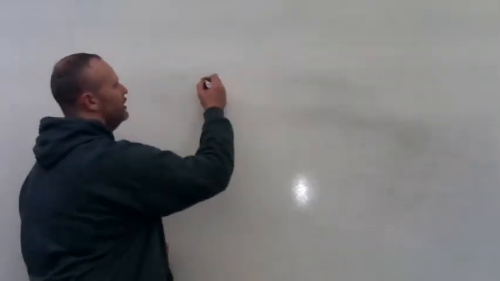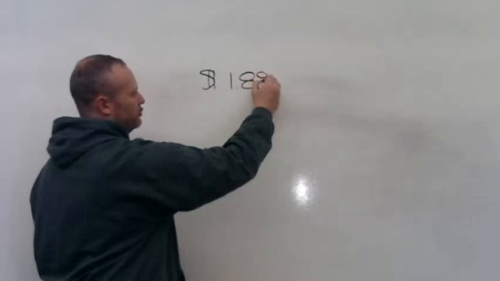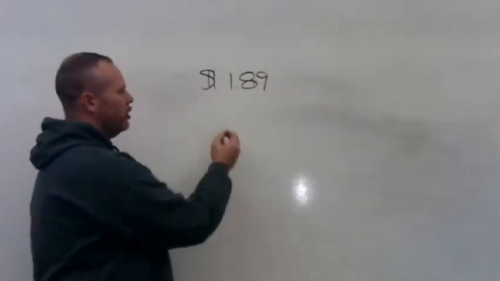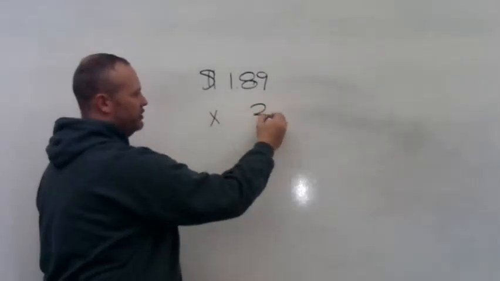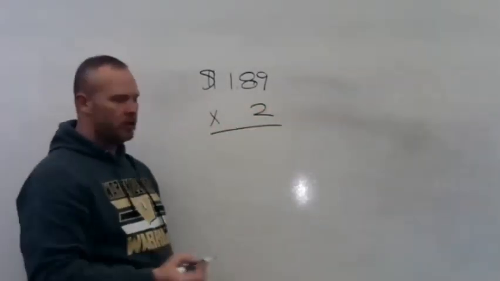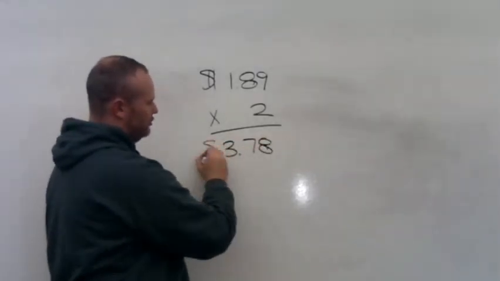In order to solve this problem, we have to first remember that we're buying 3 for the price of 2. The price of 1 is $1.89. Since we're buying 3 for the price of 2, we will multiply this by 2. 189 times 2 is 378.